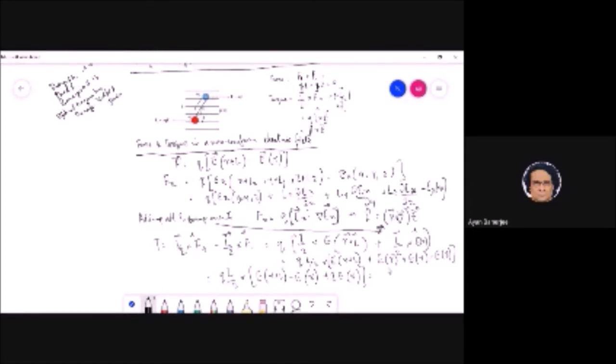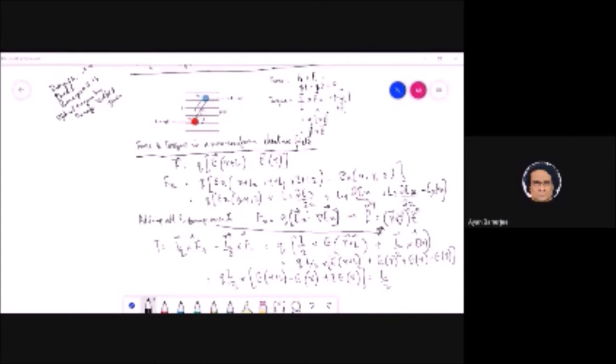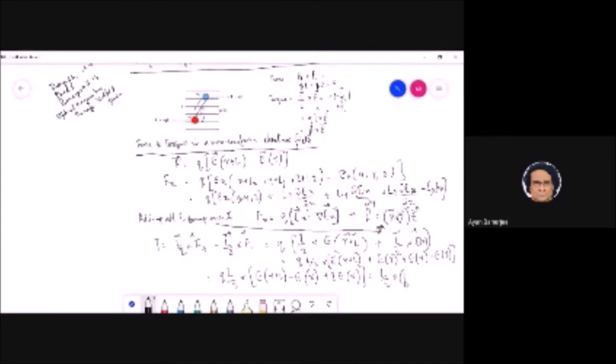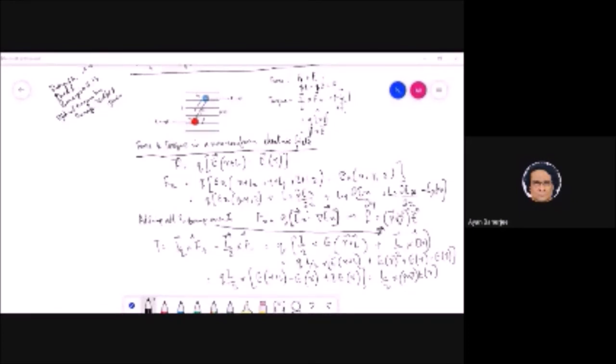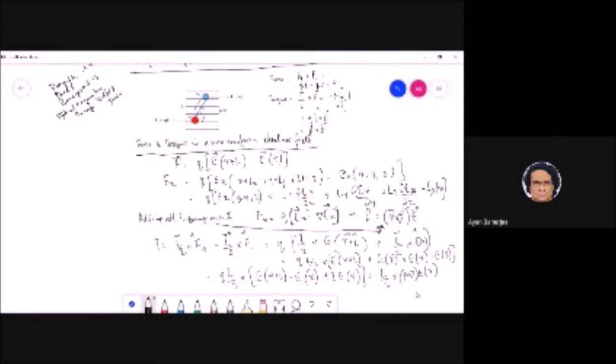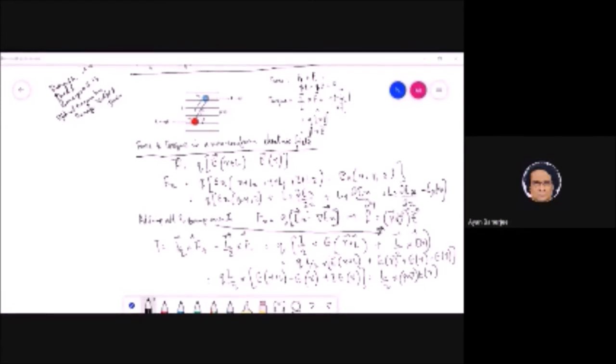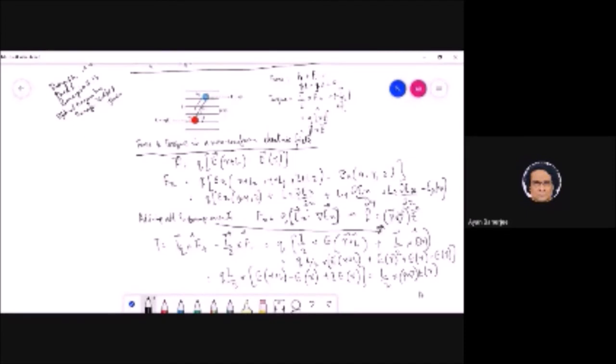So you basically get L by 2 cross P dot del E of R, and this is just P cross E. L by 2 cross P this thing plus P cross, with this is 2R, no? So this L by 2 and this one cancels out. So QL is P. So you just have P cross E, right?